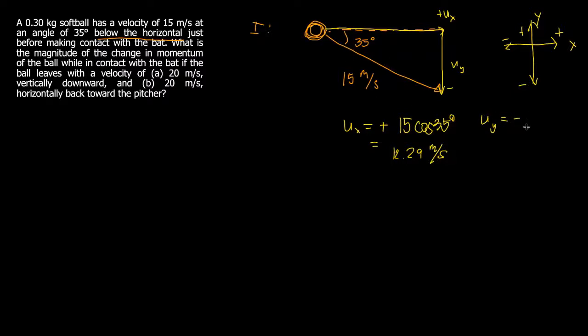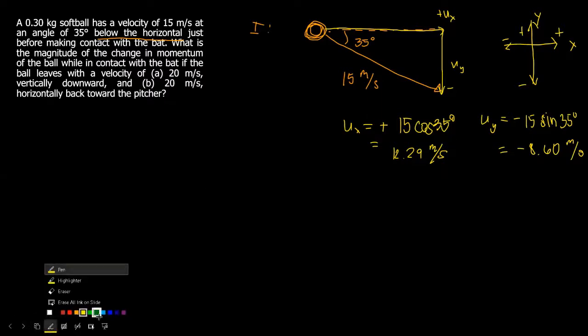Therefore, we will use 15 sine of 35 degrees, which if you evaluate is negative 8.60. Ang unit niya is meters per second. Okay. So yan yung initial condition. Now let's deal with the problem.